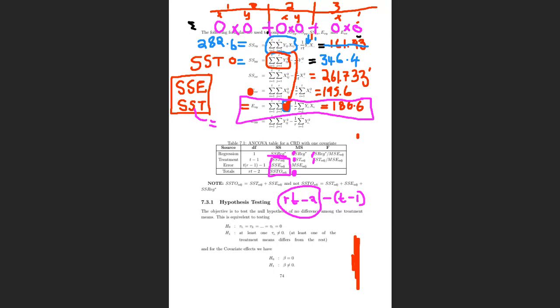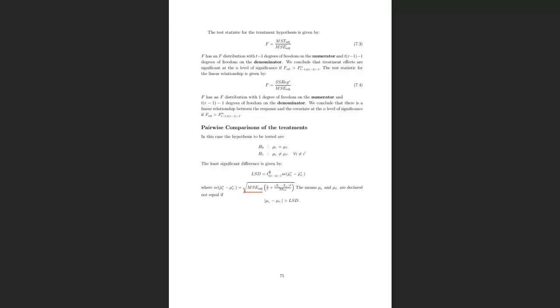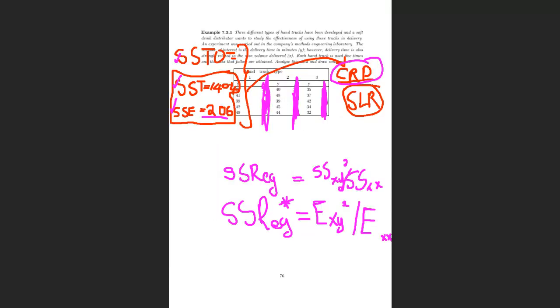So we're going to test for two things. So there will be a hypothesis for the treatment, and there will be a hypothesis for the regression equation. So now I want us to come up with that ANOVA table, guys. Let's go and find the ANOVA table.